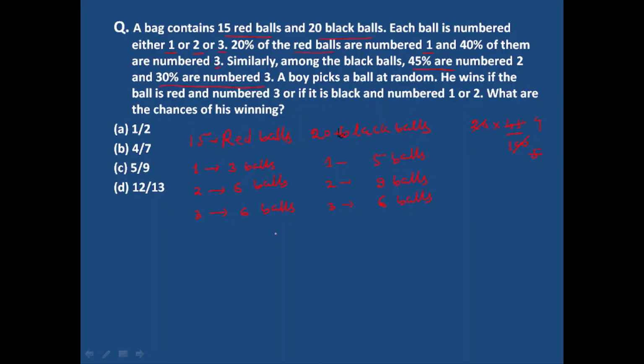Okay, so he has to pick only one ball out of the total number of balls, 15 plus 20, that is 35 balls. So the total sample space will be 35C1. Now he wins if the ball is red and numbered 3.